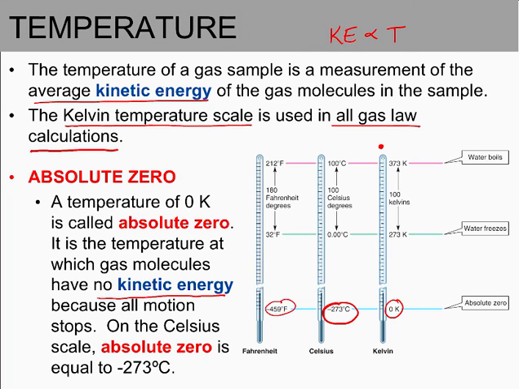Now remember, if we want to convert Celsius to Kelvin, that equals the temperature in Celsius plus 273. And that's just due to that difference between absolute zero values, or you could also look up here at the freezing point of water as well.